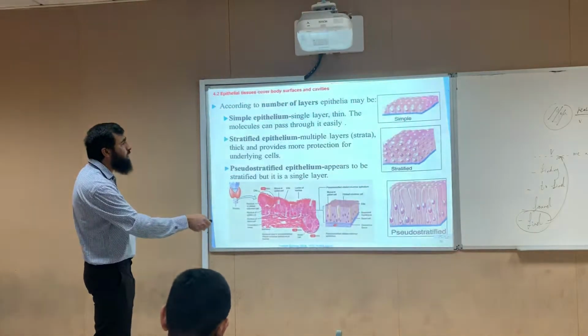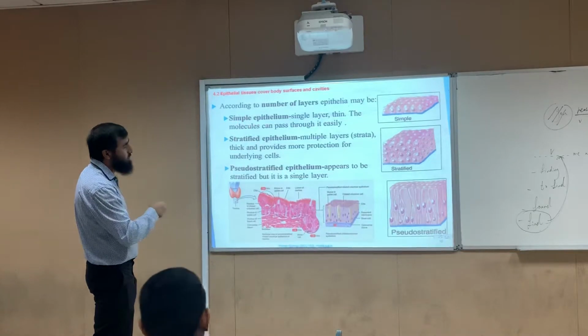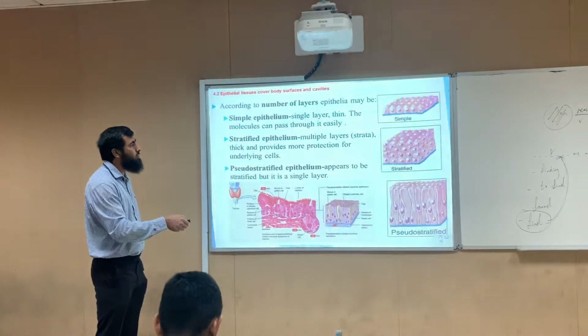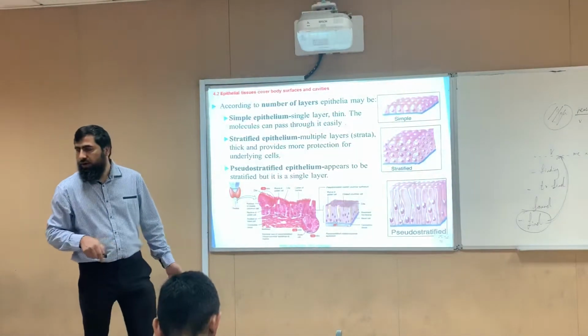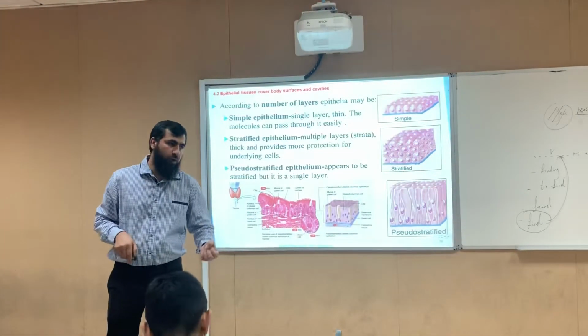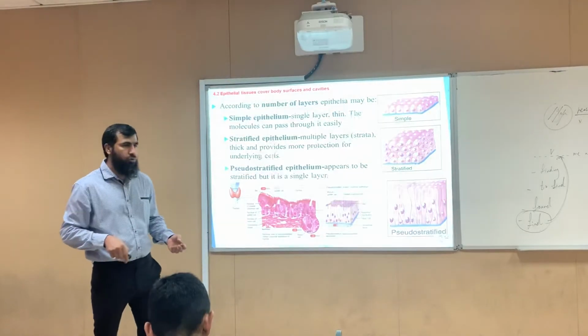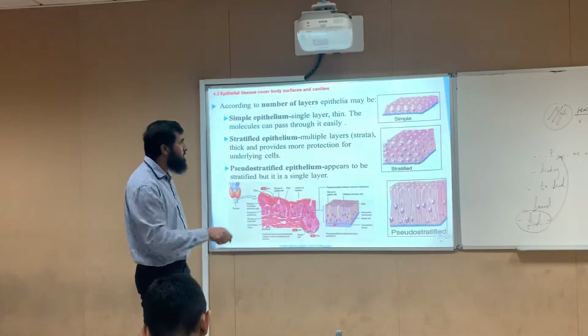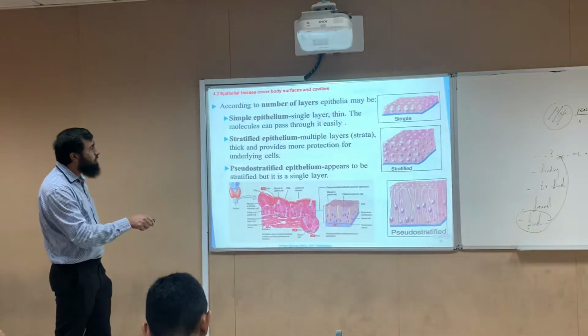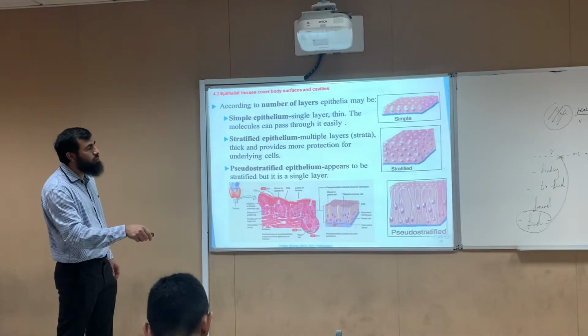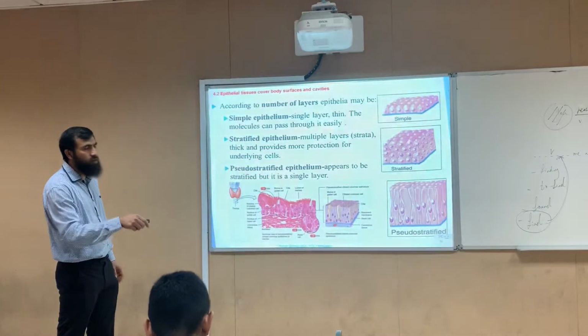If it's one layer, we call it simple epithelium, a single layer. Sometimes these are important because it's required in transport of molecules, diffusion or transport. Stratified means there's more than one layer. It could be 1, 2, 3, 4, 5.